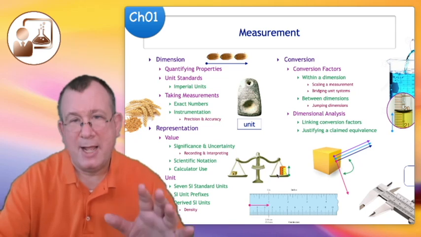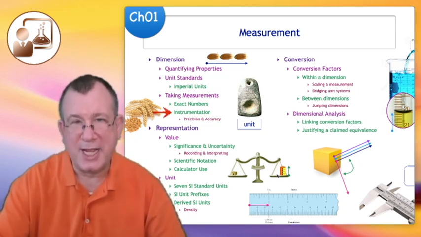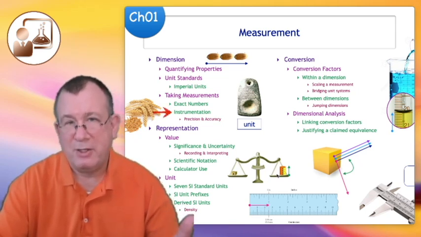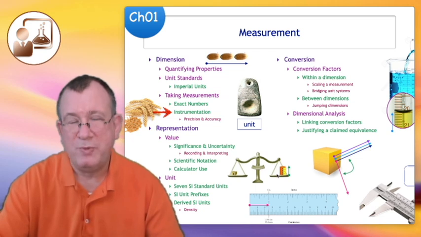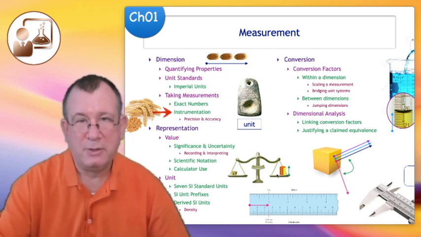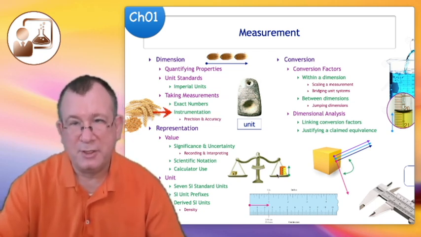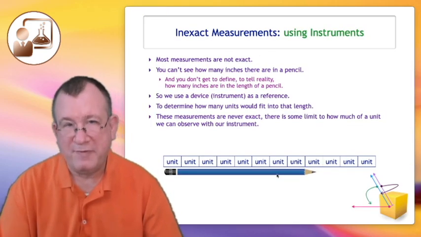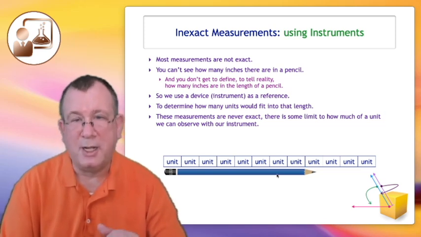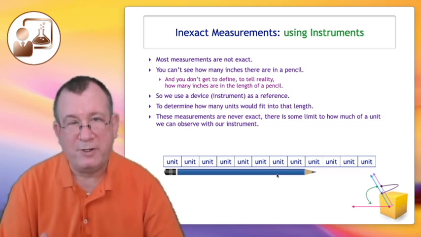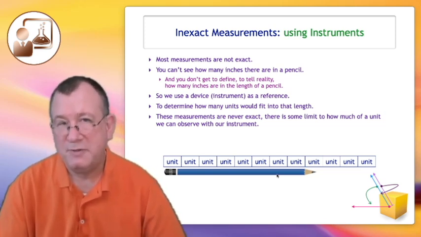All right. Now, not all measurements are exact. We can also come up with measurements when we can't see the units, when we can't rely on a definition. We can use instrumentation to take measurements. Like, for example, you probably have a pencil on your desk. That pencil has a lot of qualities: hardness, mass, volume, and it also has a measurement of length.